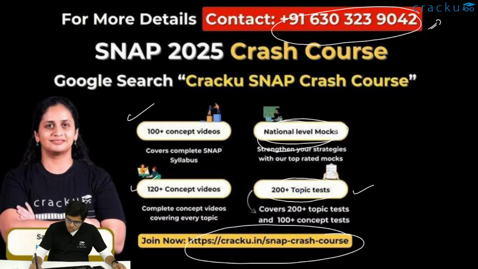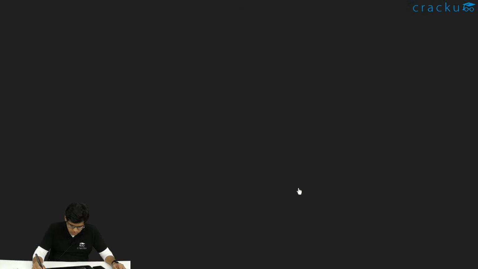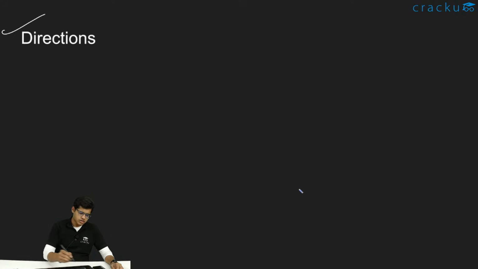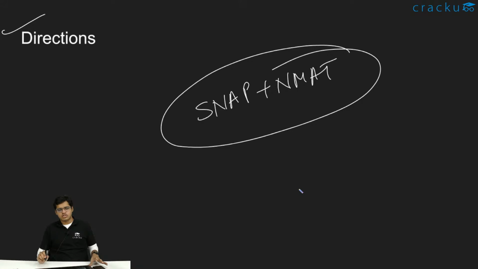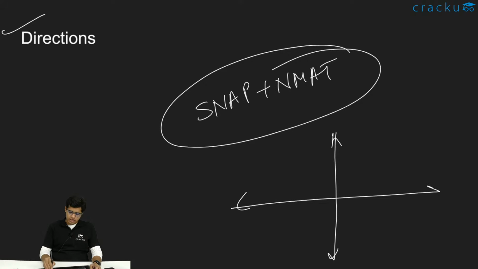Chalo guys, let's move to the next topic, directions. Direction questions are asked in both SNAP and NMAT. It is pretty simple, the simplest of all the topics that we will cover today. I will just teach you the coordinate system.